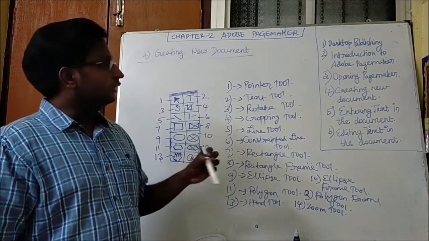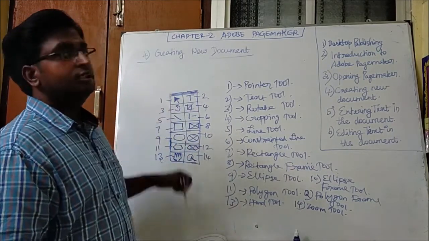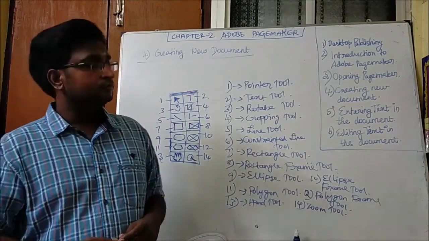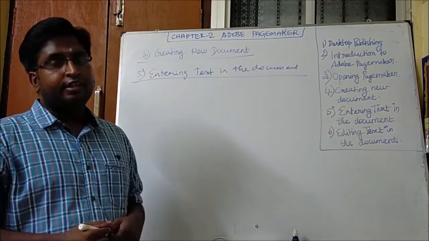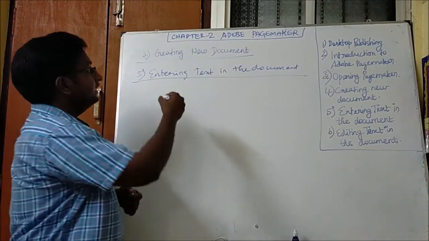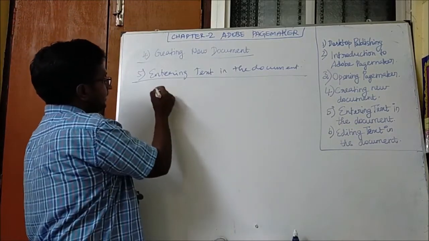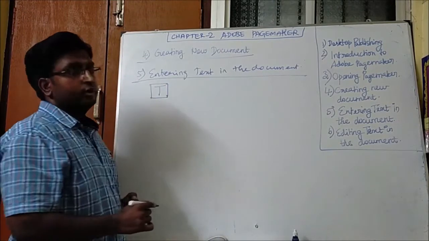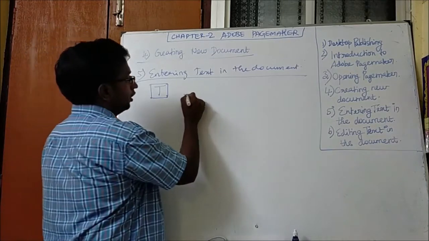So you can easily learn based on the images itself. So the next is entering text in the document. We can easily enter text in the document by selecting the text tool, so that you are able to create a text block.